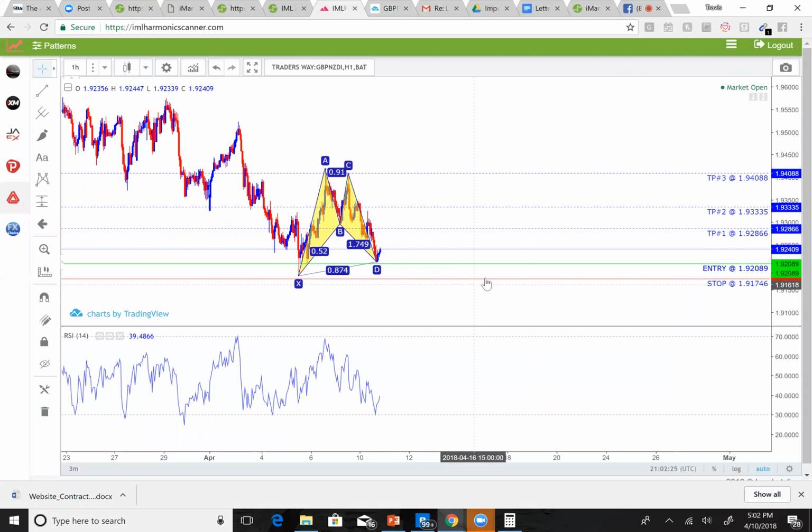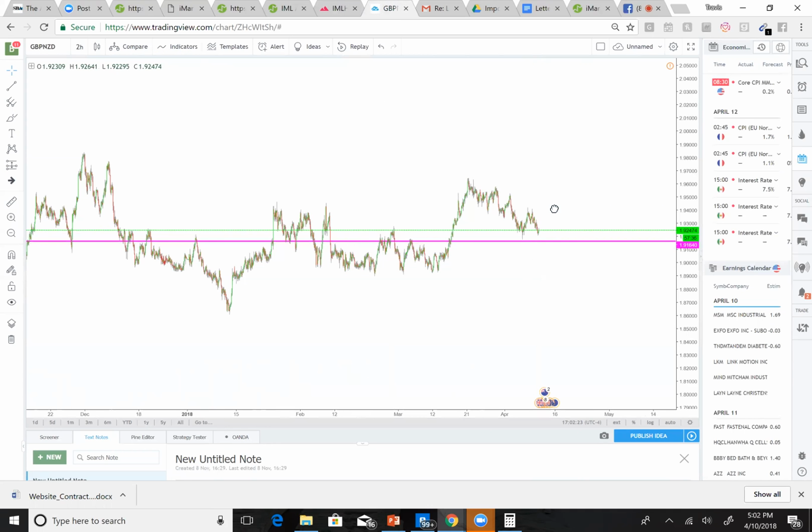It gave us a stop loss of 1.91746. It gave us an even tighter stop loss. It put us right on here. So yes, you can use their stop loss. Minimal pips that will be gained. I would definitely use their stop loss on this one.